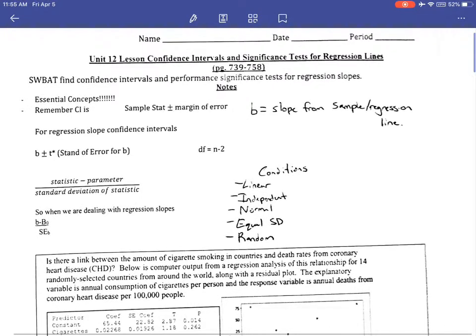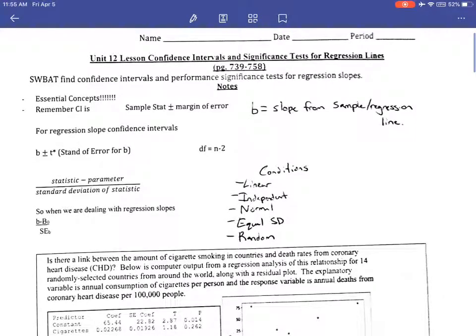So what we're going to be doing today is learning how to construct confidence intervals and do significance tests for regression slopes.